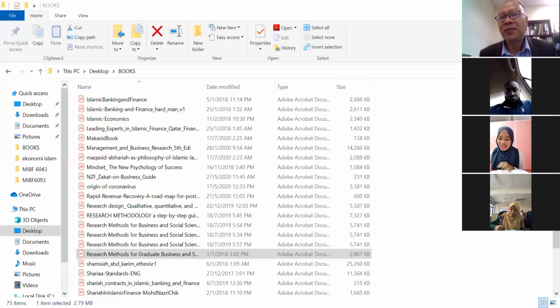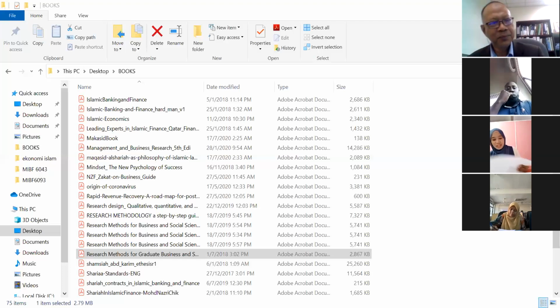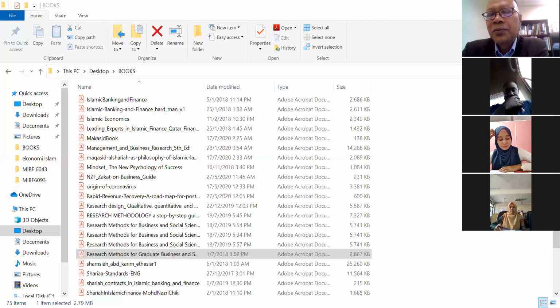The IV is low risk data, unlimited customer, and to be able to manage the data better. Okay. Is it right? My question is, how do you choose your DV and your IVs?